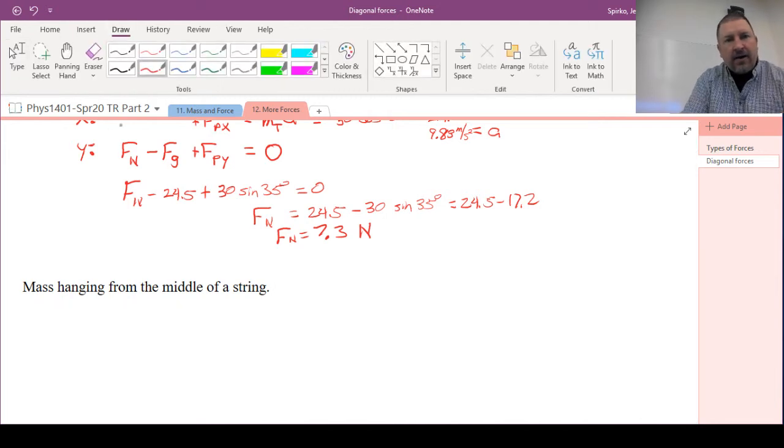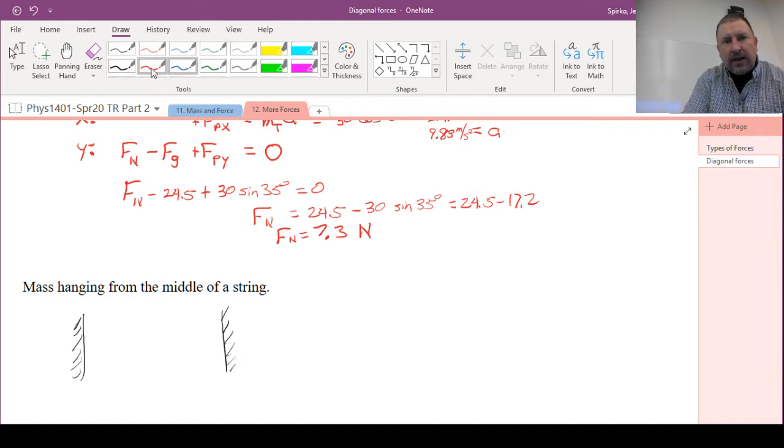So I'm going to have a wall here and another wall here. And I'm going to have my mass here. And then I'm going to have a string go across, down to there, and down to there.